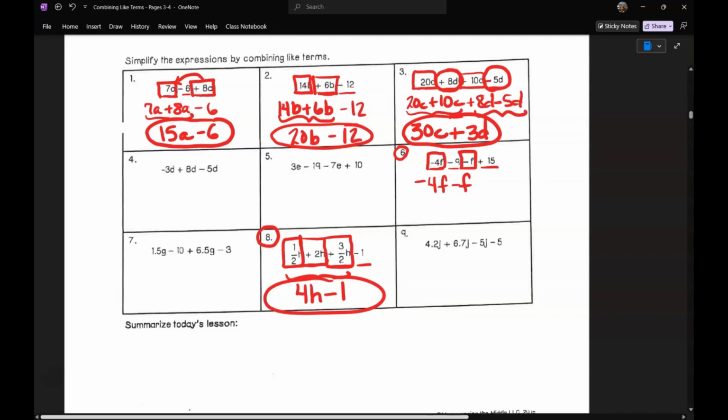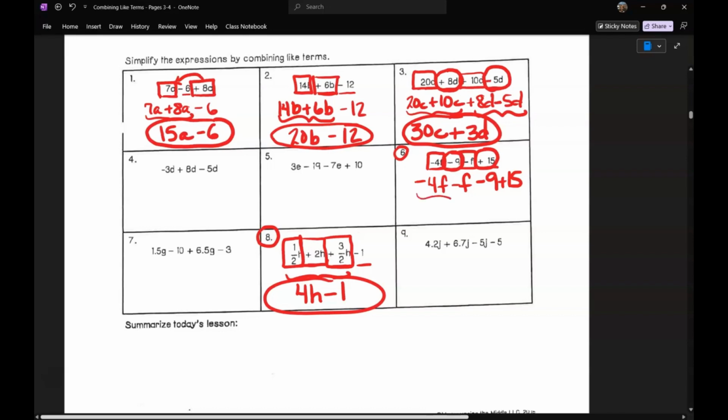If it has a minus in front of it, I put a minus in front of it in my new expression. All right, these two, the -9 and the 15, those don't have any variables, which means I can put those together. They're just numbers. So -9 plus 15. Put those at the end.